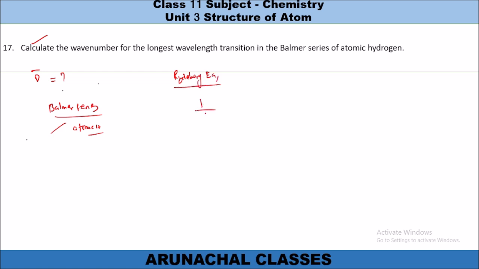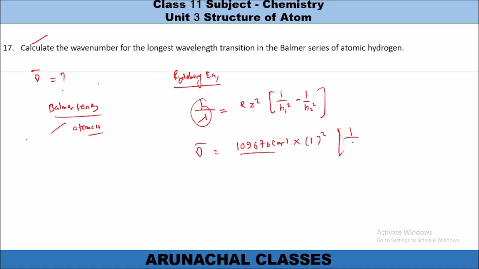It will be 1 upon lambda equal to R Z square in bracket 1 upon n1 square minus 1 upon n2 square. So 1 upon lambda is the wave number, so nu bar will be there. The R value is given as 0.109676 centimeter inverse, that is the Rydberg constant. Multiply with Z square, that is hydrogen, so 1 square, in bracket 1 upon n1 square.